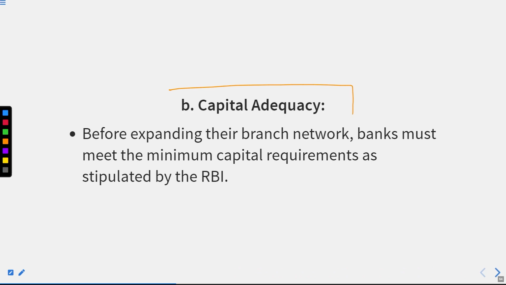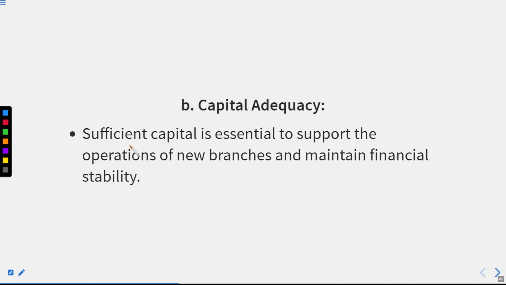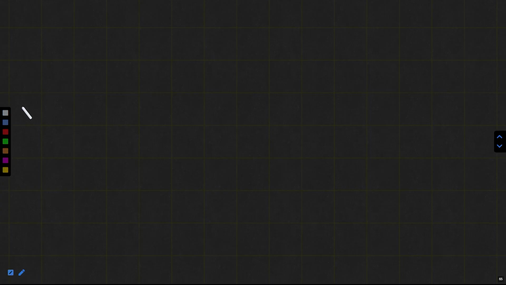Thereafter, the capital adequacy. Before expanding their branch networks, banks must meet the minimum capital requirements as stipulated by the Reserve Bank of India. Sufficient capital is essential to support the operations of new branches and maintain financial stability. For example, suppose there is a bank, again XYZ, and this is Mr. R, who is the owner of XYZ.